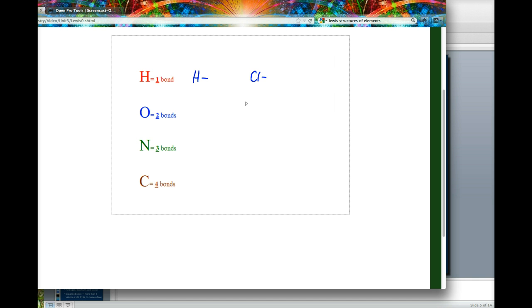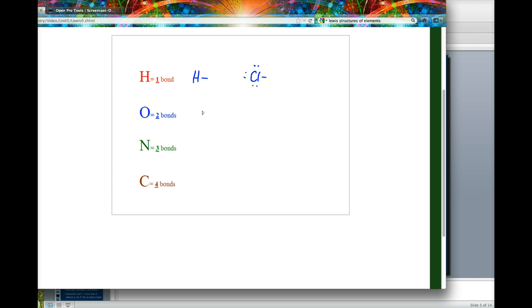The honk rule says chlorine will form a single covalent bond. To get its octet, it's going to have 3 pairs of electrons that are not shared covalently. And that will be true for the other halogens as well: fluorine, bromine, iodine.